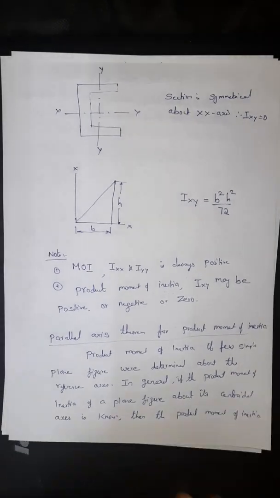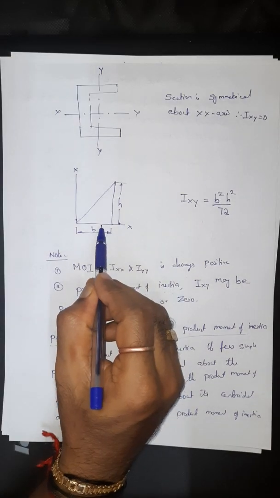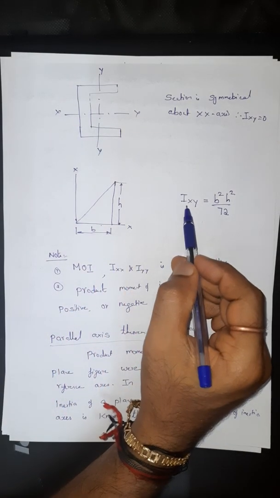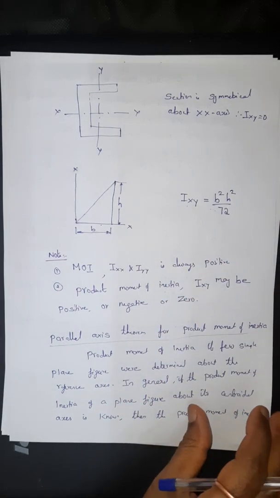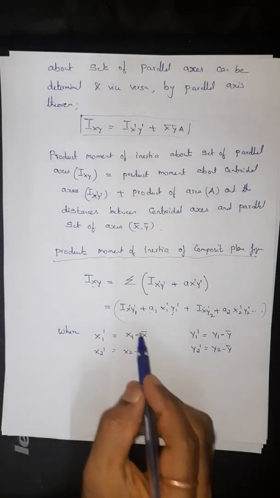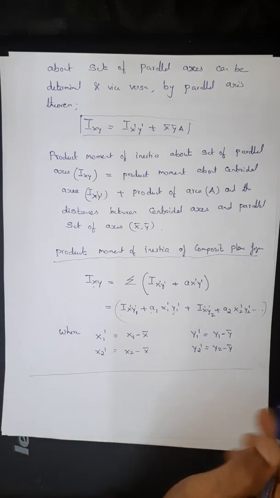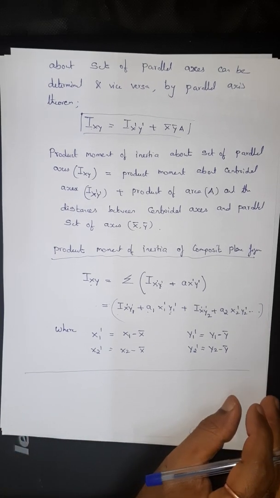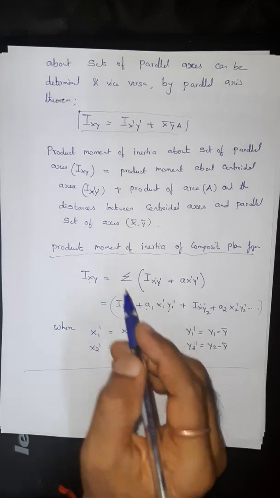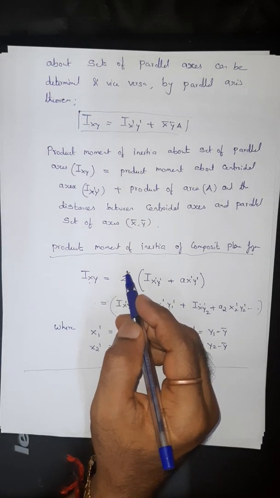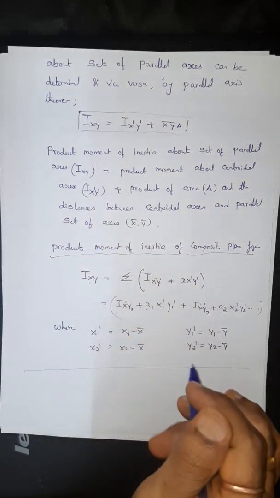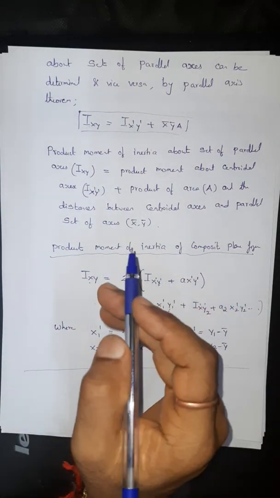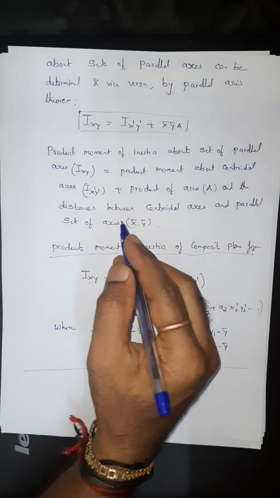Only in the case of a right-angled triangle, where the Ixy will not be 0, you'll have to substitute into the formula. So just remember this formula for the product moment of inertia. Hope you have all understood the concept of product moment of inertia. When you have such a problem, you just have to remember these formulas and substitute values in order to get the answer. Thank you.